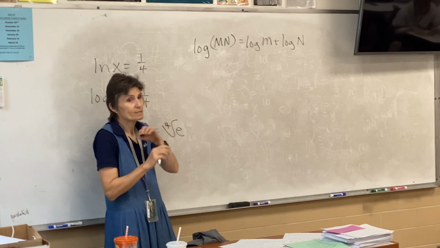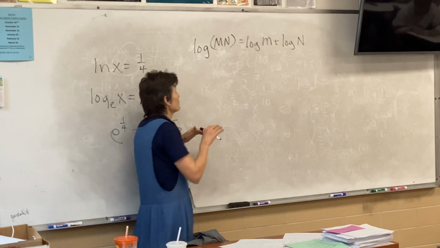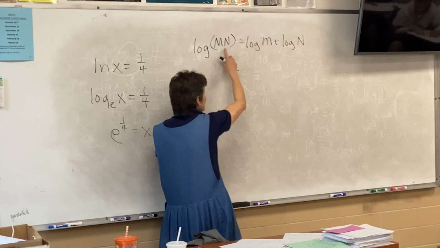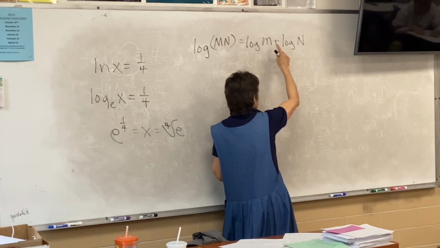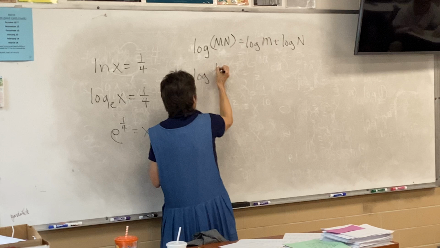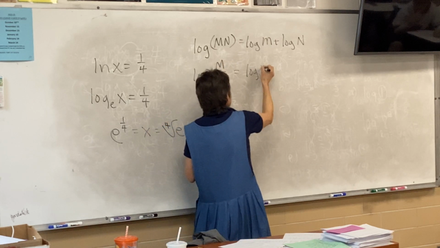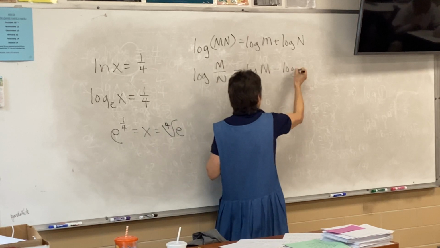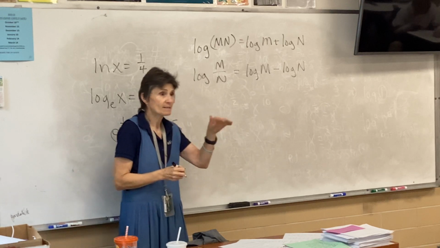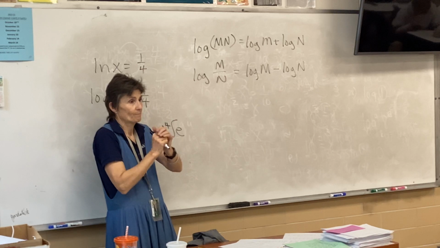There is no distributive in logarithms. If you have the log of 2 things being multiplied, when you separate it, it becomes an addition. If you have the log of 2 things being divided, when you separate them, it becomes a subtraction. Again, these aren't things that we're going to discuss or argue about. These are the rules.